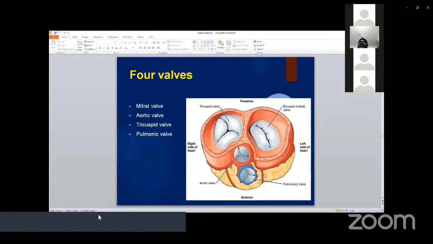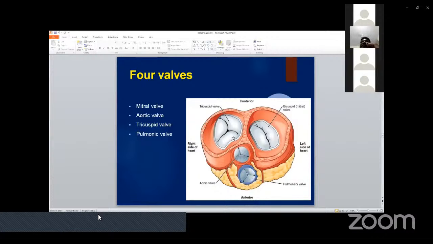Next, we are going to learn about the different valves located in our heart: mitral valve, aortic valve, tricuspid valve, pulmonic valve. So there are 4 valves inside our heart. These are located in our 4 chambers.